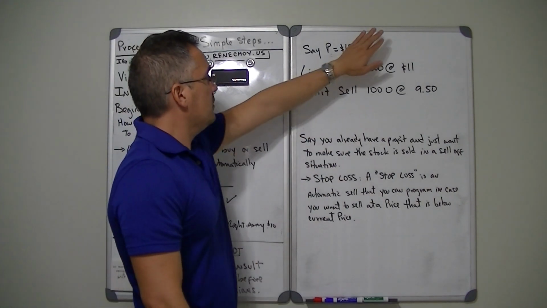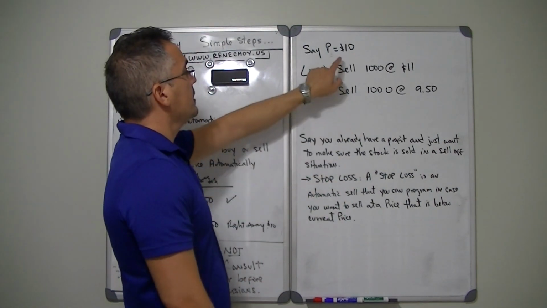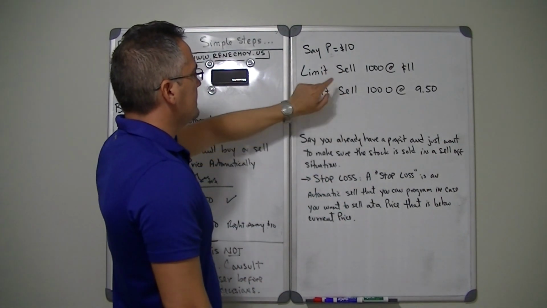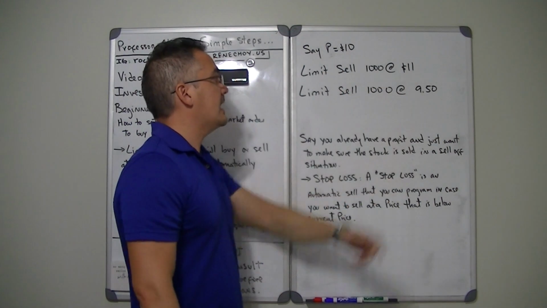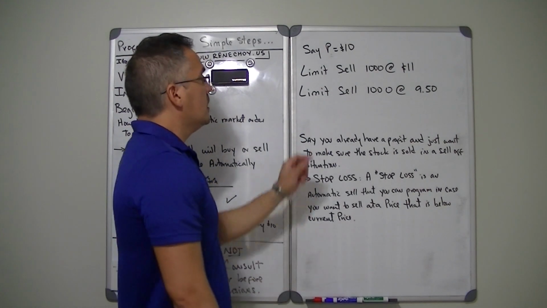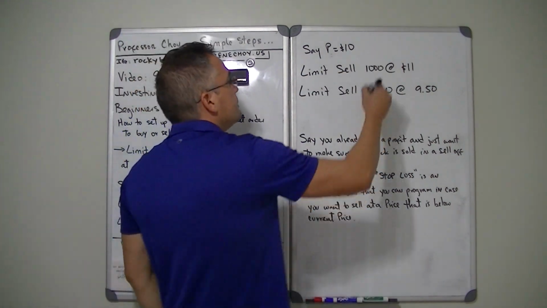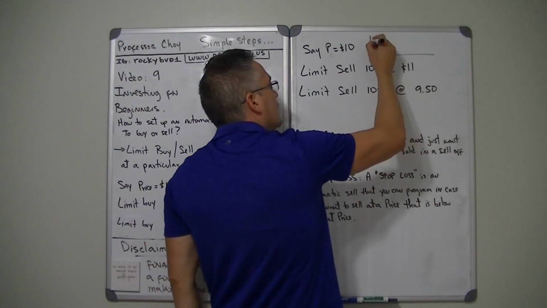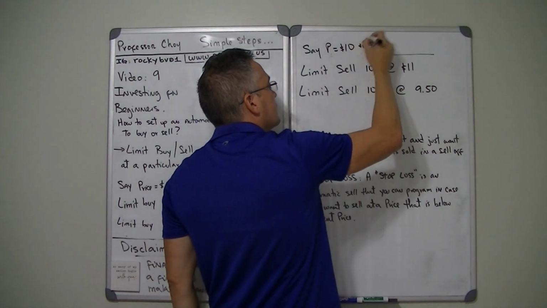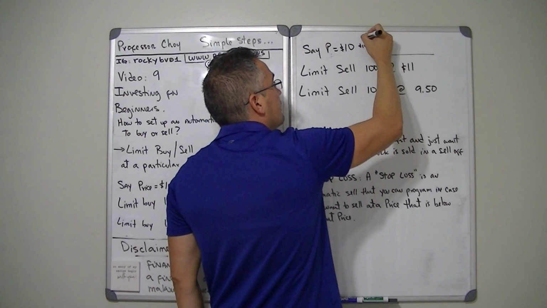Let's take a look at a limit sell. Let's say the stock price right now is $10, and I place a limit sell of 1,000 at $11.